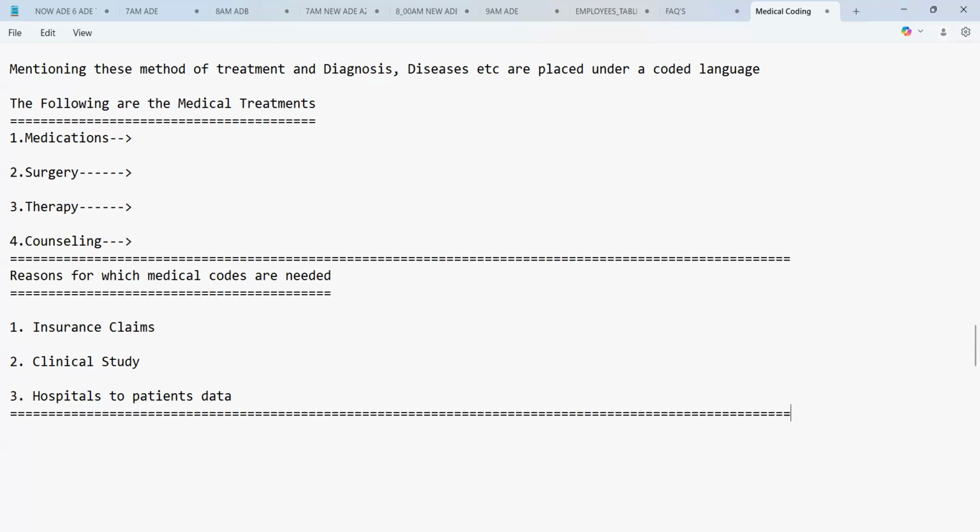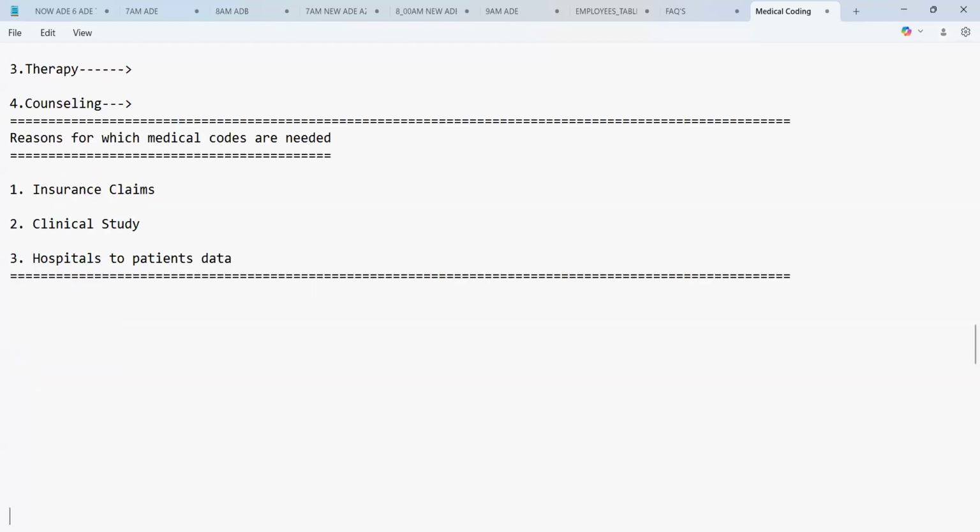And now, who does this? The medical coding is done by a medical coder. And now, guys, who is called a medical coder?